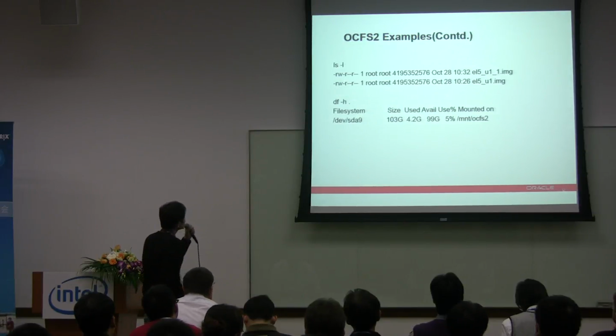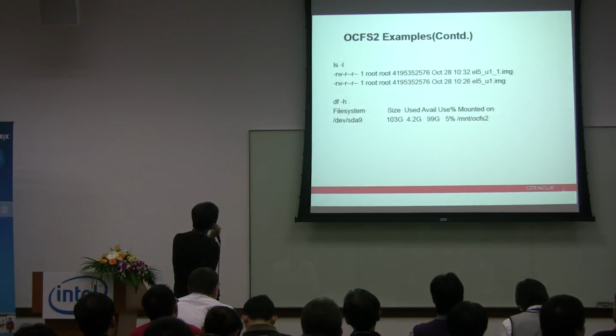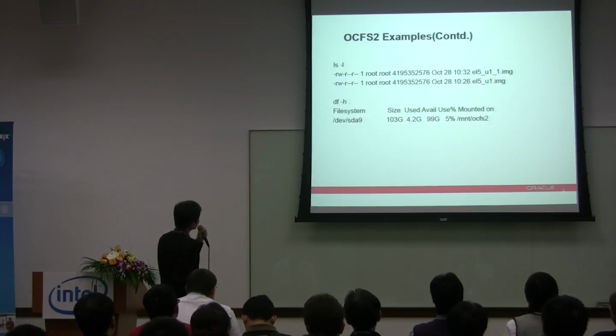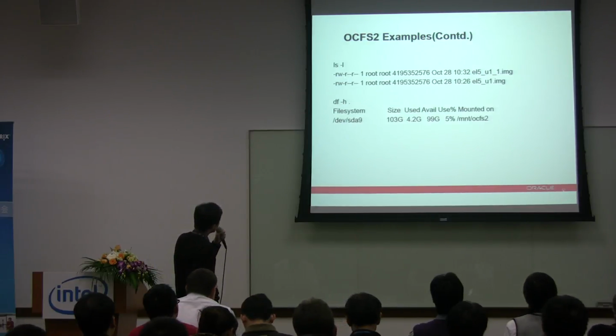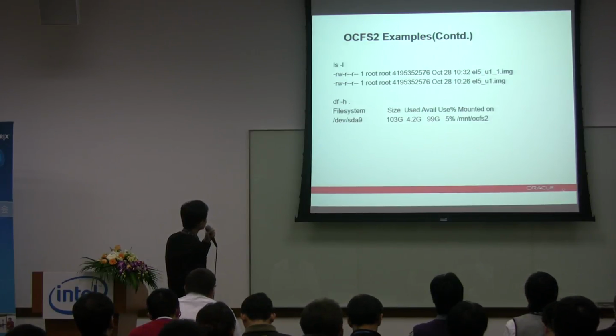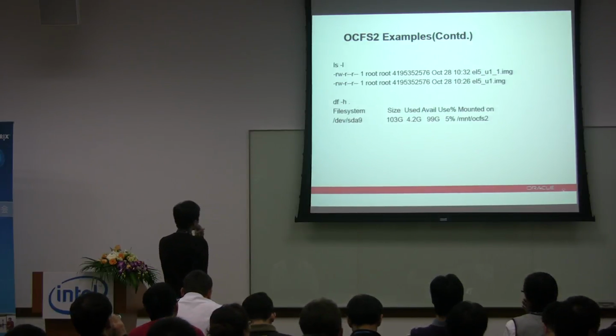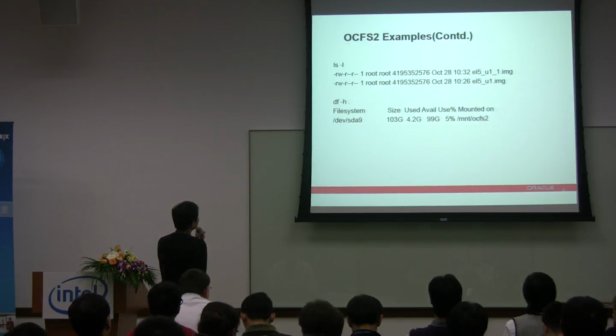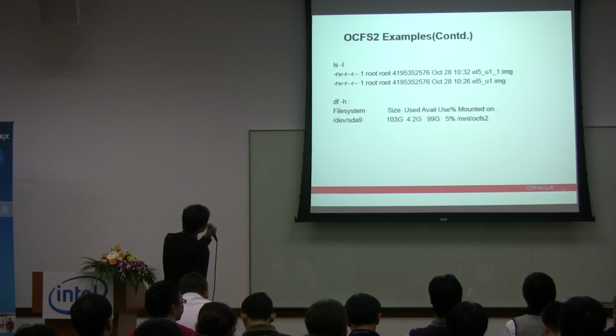Okay, you see that now we have two files. They both have about 4 gigabytes from the user's perspective, but if you use df -h, you will see that the file system still uses about 4.2 gigabytes.